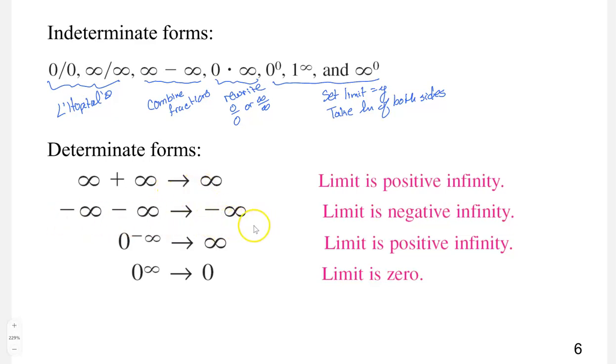Same thing's true if I'm going in the negative direction. 0 to the negative infinity is going to go to infinity, and 0 to the infinity is going to go to 0. You could think about this one, that negative exponent, writing it this way. So this guy is an issue because we can't divide by 0, which means we have a vertical asymptote here, which means we have unbounded behavior.